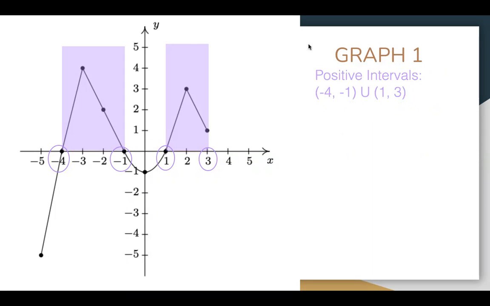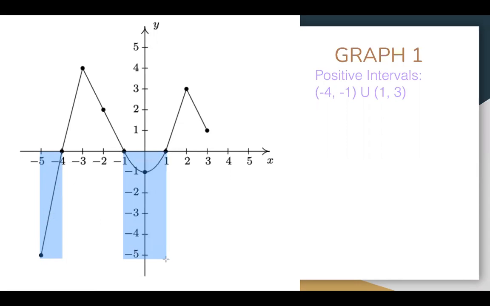Now we're going to switch it. So instead of above the x-axis, we're going to go below the x-axis for our negative intervals. Now below the x-axis, I'm going to place a box here so I completely capture that entire piece that's below. And I'm going to put another box here.